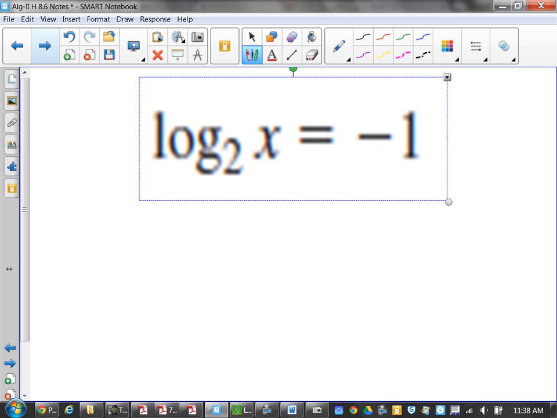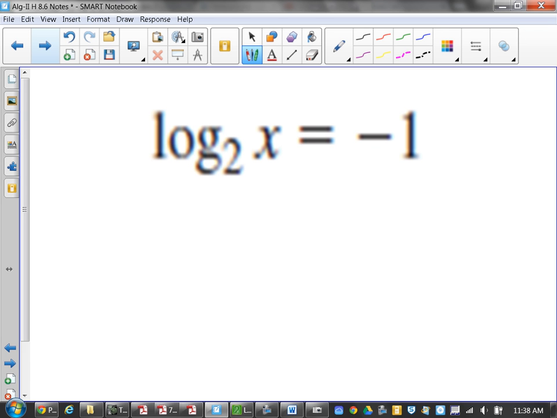Log base 2 of x is -1. Remember, 2 to what power is -1?